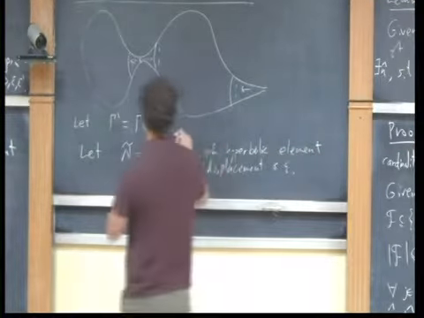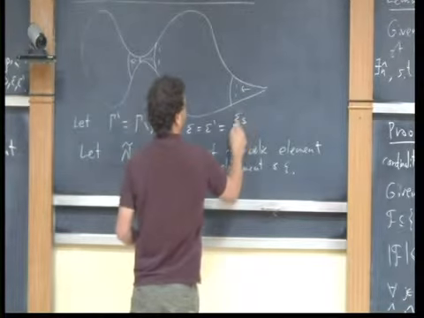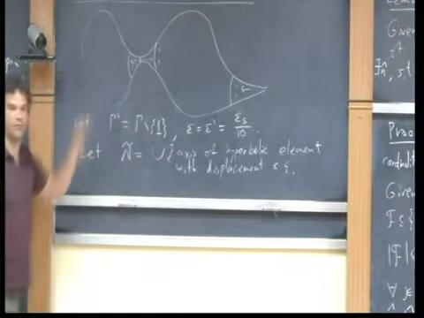Sorry, epsilon is in this case epsilon tag, which is the Margulis constant, let's say divided by 10. I think if you divide by 2, it's enough, but just to be sure.